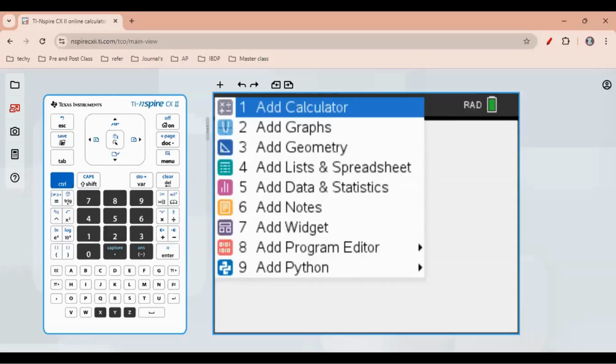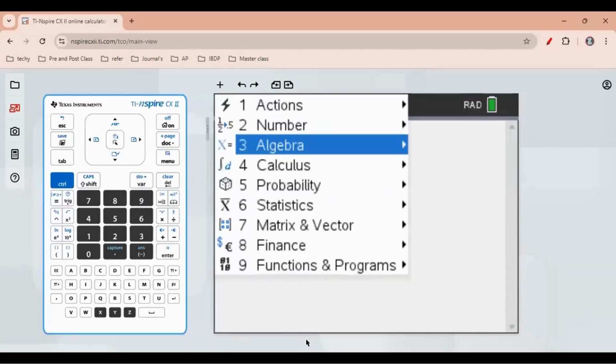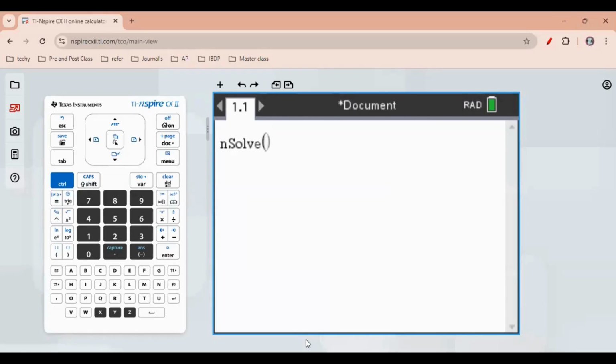So take a calculator, go for algebra, numerical solve. I have 6.5 on my left side equal to -2x plus 17. I have to solve this equation for x. That's it. You got 5.25. That is your x value. So we got x also. Just memorize this.